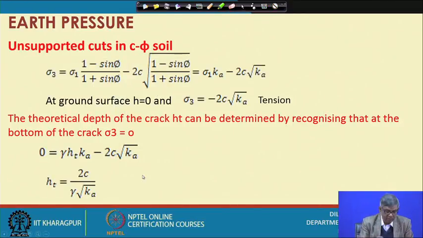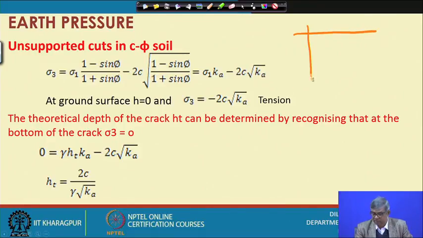And you can see now, the unsupported cut, that is our ultimate aim, up to what depth the tension crack will go. In some areas it is useful, in some calculations it will be useful, but many a time when we do excavation, suppose there is a soil and we have to excavate quite deep, okay.